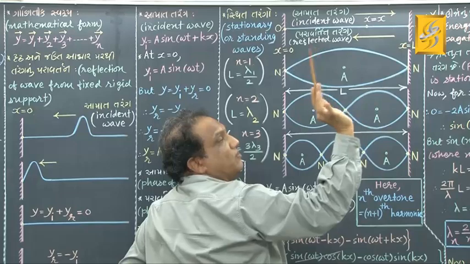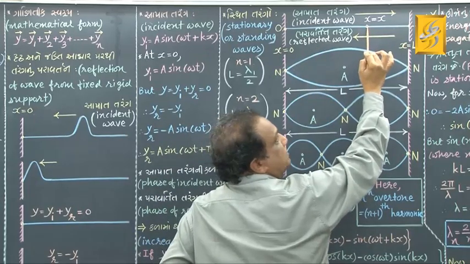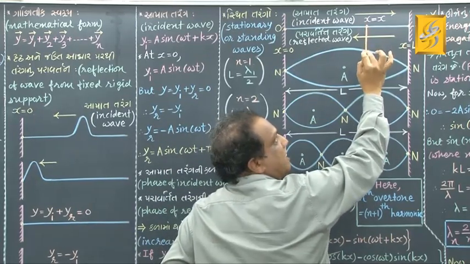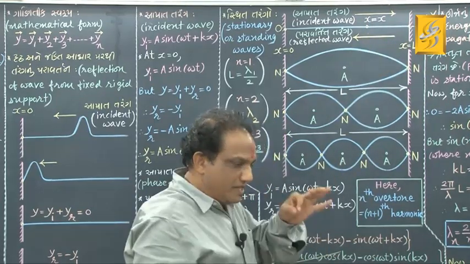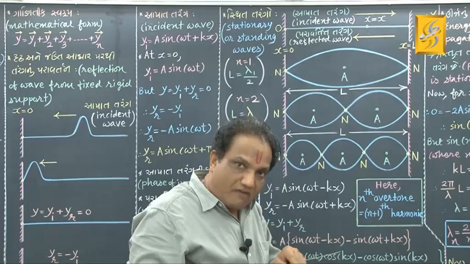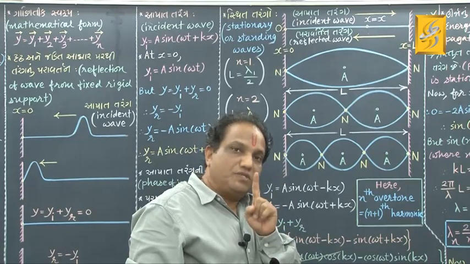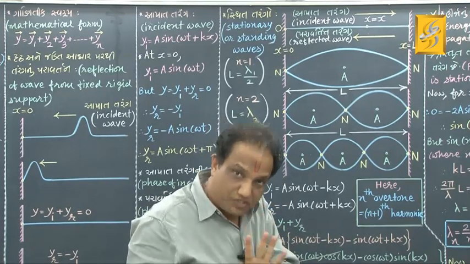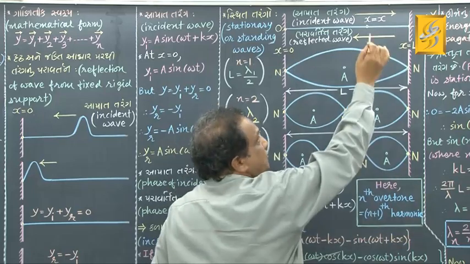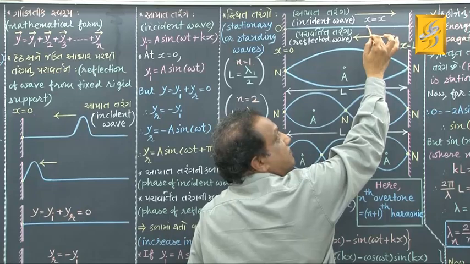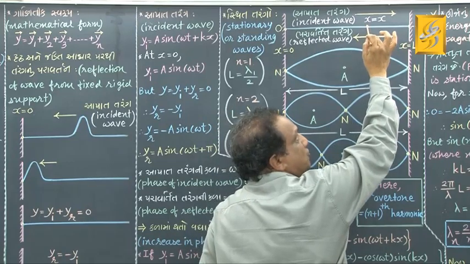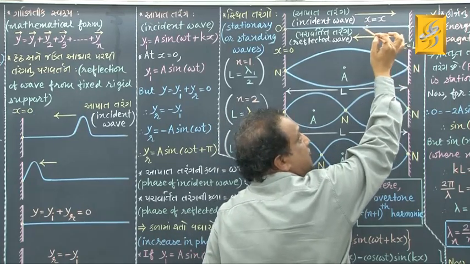Now what we do, we pull this string from this position, either vertically upwards or vertically downwards a little bit, and then we release it, and thereby we are causing some simple harmonic disturbance. Now when you cause a disturbance here, what will happen after that? That disturbance will move away from this source, this way and this way also.